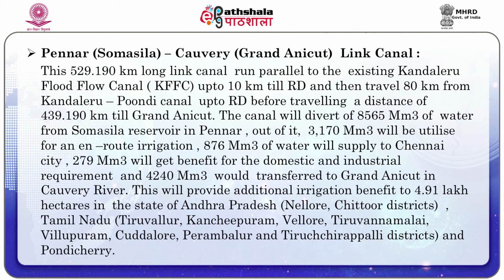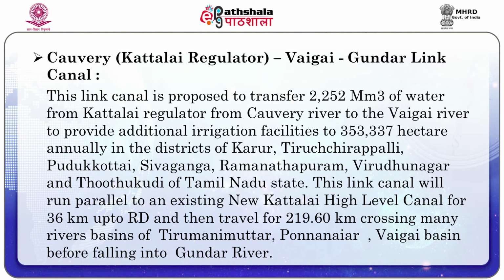The canal will divert 8,565 million cubic meters of water from the Somasila reservoir in Pennar, out of which 3,170 million cubic meters will be utilized for en route irrigation, 876 million cubic meters of water will supply Chennai city, 279 million cubic meters will benefit domestic and industrial requirements, and 4,240 million cubic meters would transfer to Grand Anicut in the Kaveri river.